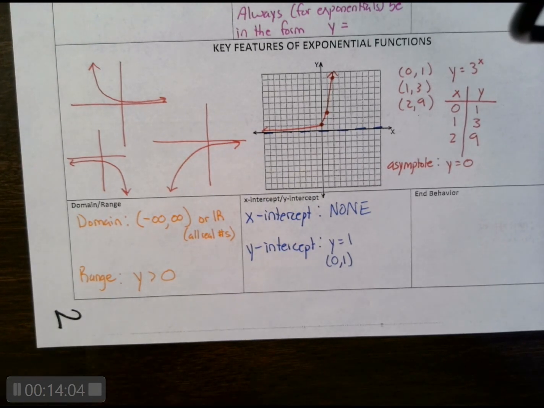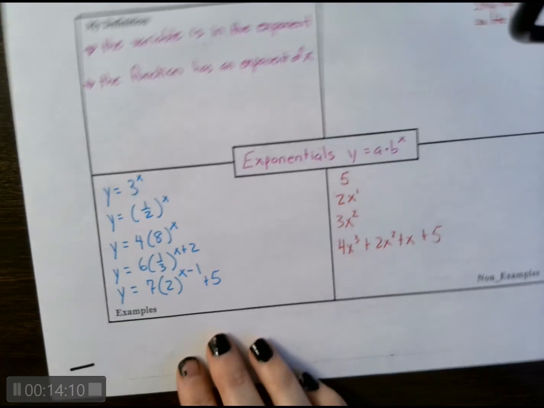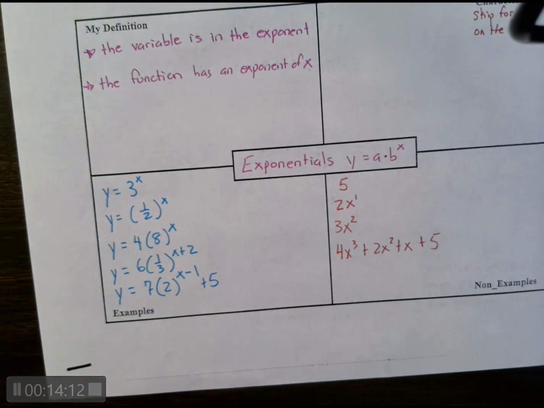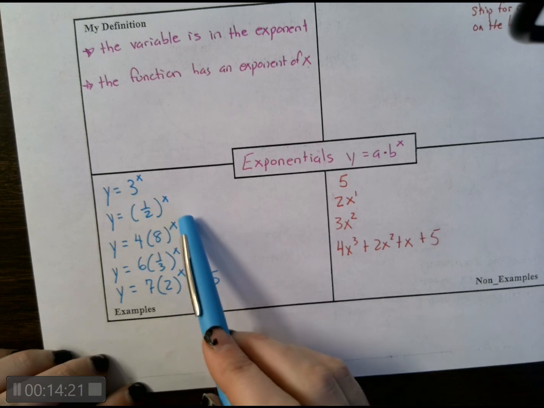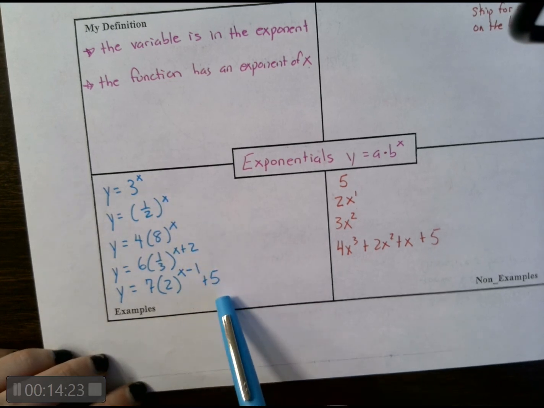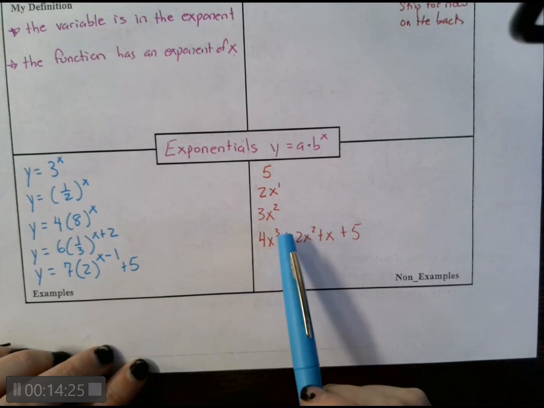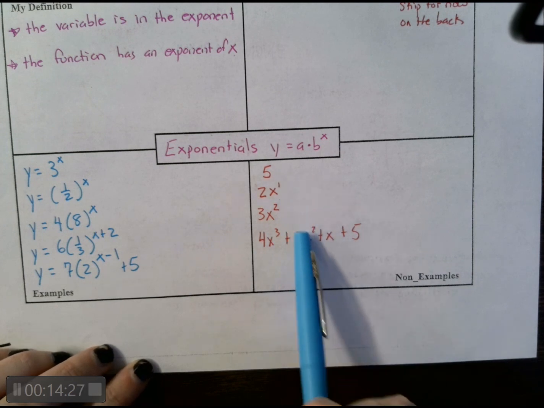Alrighty. So we have done a lot today already, and we have more to do. We have talked about our definition of an exponential: it has an x in the exponent. Okay? We've given some examples of exponentials, which, if you notice, all have x's in the exponents. We've talked about non-examples, which do not have x's in the exponents.